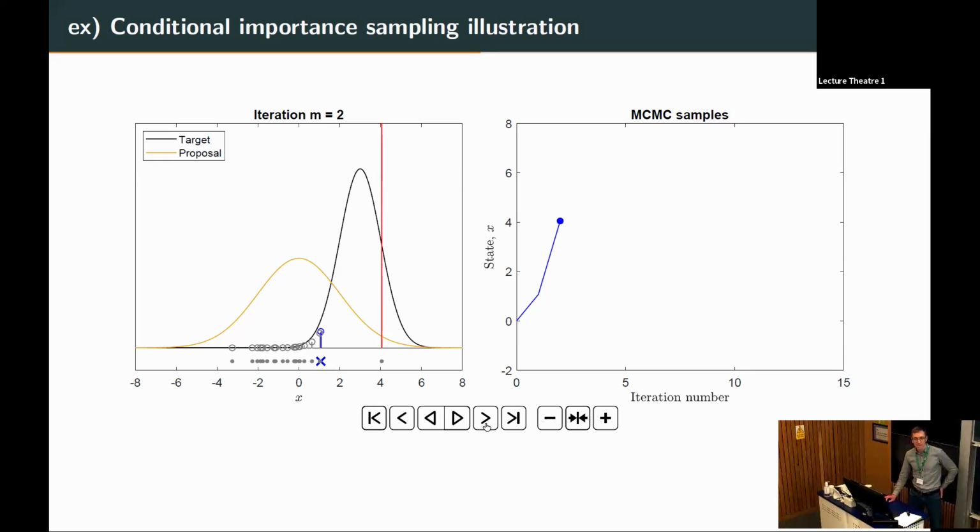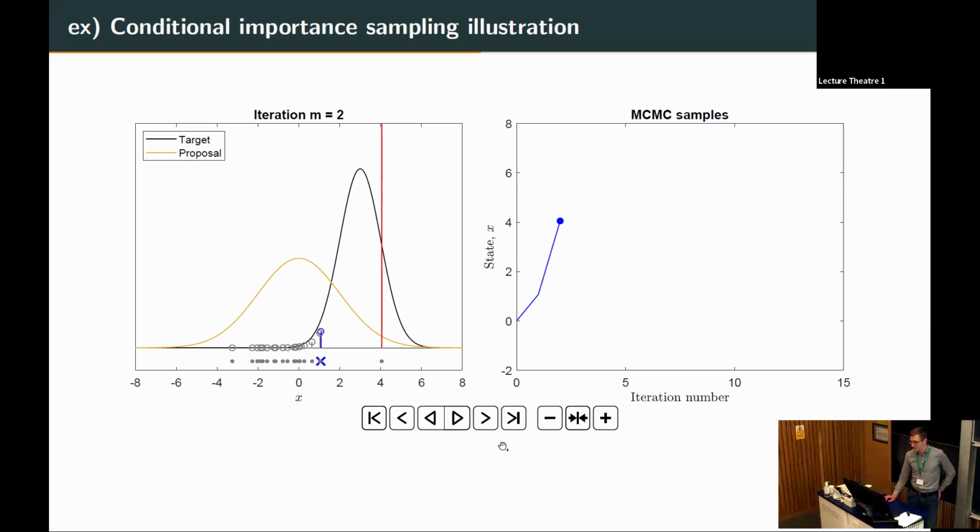Maybe I'm preempting a bit, but is it possible for the proposal to adapt to the x you're putting into it, or does the proposal have to be fixed? No, you can adapt the proposal similarly to how you can do adaptive MCMC. And naively looking at this, it seems quite wasteful. Yeah, sure. I'm showing this to amplify the effect of the mismatch between the proposal and target.